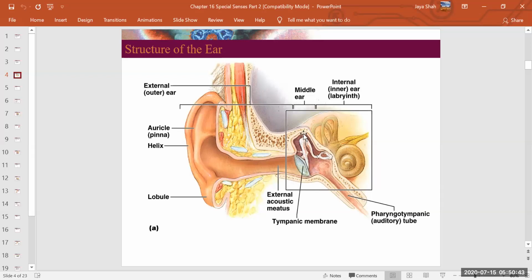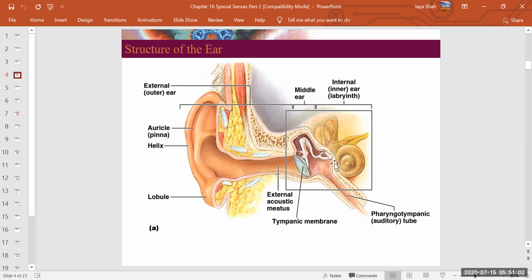The middle ear cavity has the smallest bones in the body. From lateral to medial, it is the malleus, incus, and this stirrup-like structure, the stapes. Stirrup means the structure where, when we ride a horse, you put your leg.